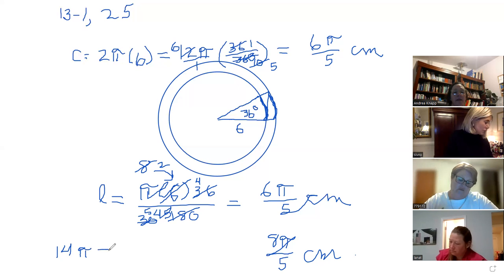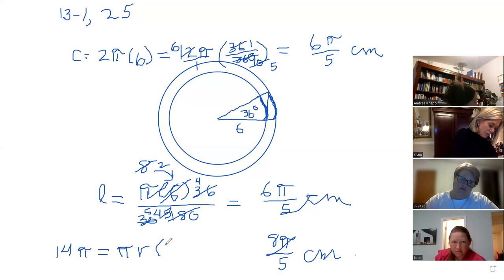The arc length is pi times the radius times the degree measure, which in this case is 80. Degree measure of that arc over 180.